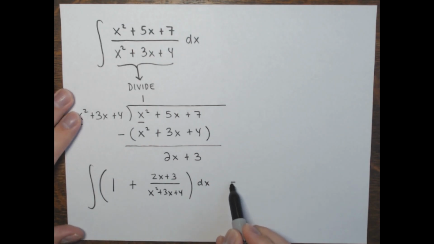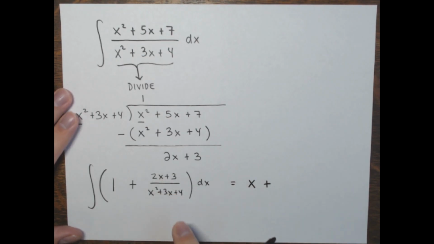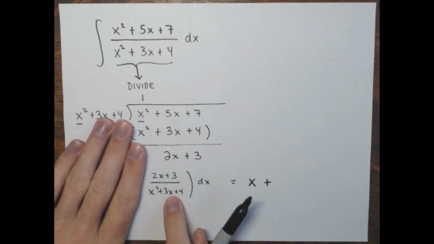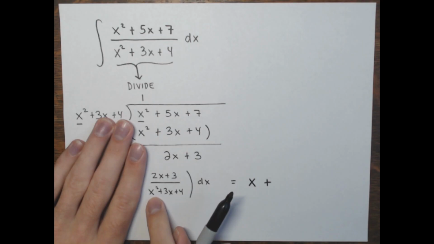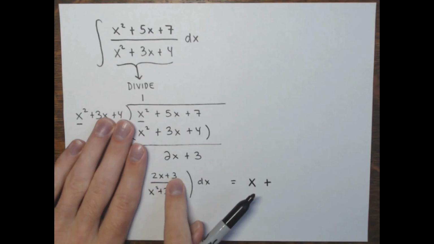All right. Now, the integral of 1 is easy. That's just x plus, and then once again, I'm not going to do a u sub here. If I was looking at this proper fraction, once again, the derivative of the denominator is the numerator. The derivative of x squared plus 3x plus 4 would be 2x plus 3.